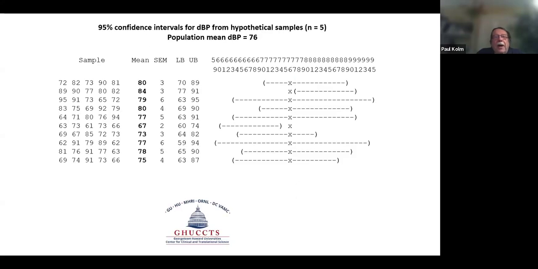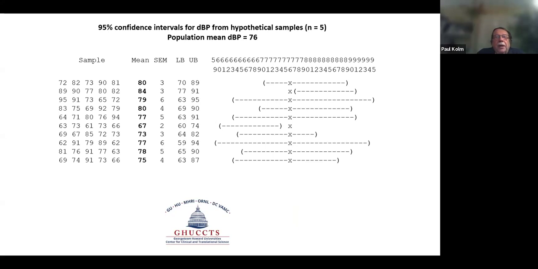And so when we talk about estimating the mean, we can calculate what's called a 95% confidence interval, or we could do a 90% confidence interval, but 95% is typically the one that's calculated.